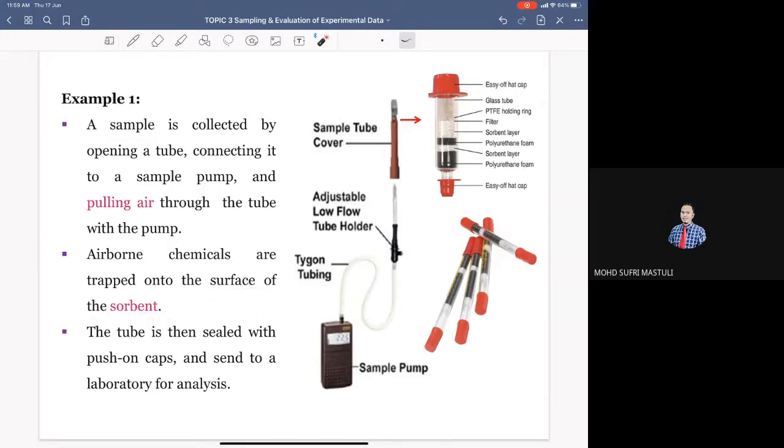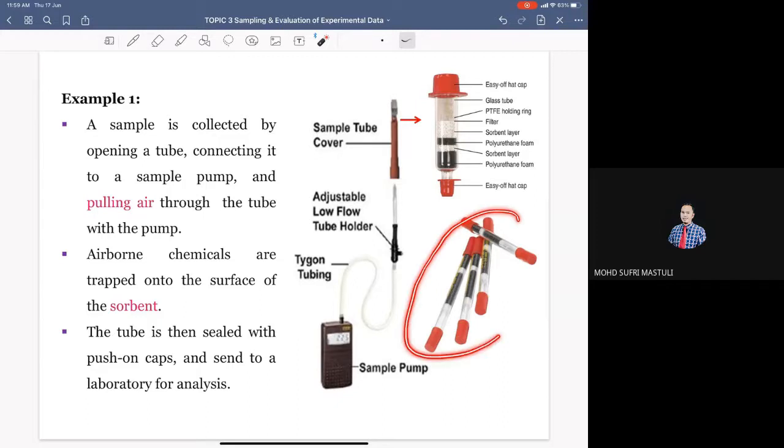In this case, the solid solvent is here. So this is an example of solid solvent. This tube normally has a cap. So after we collect the air sample, we dismantle it, cap the solvent, and then we send it to the lab.